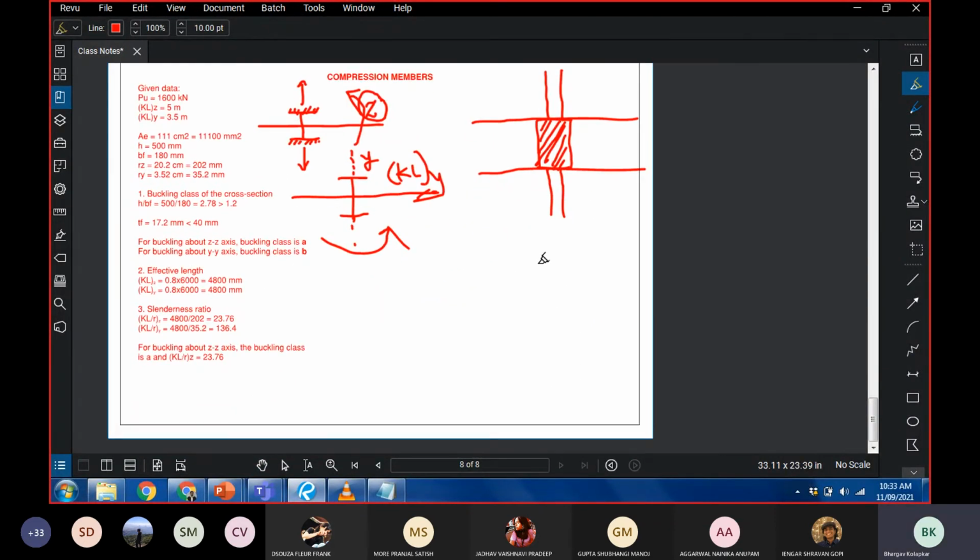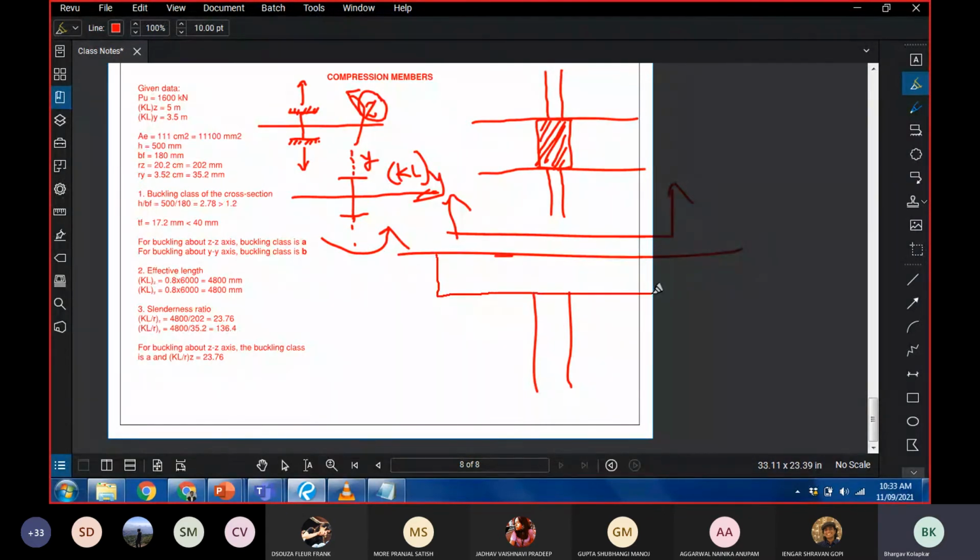Okay, so if I take an elevation here, this is our column. Let us say this is our slab, and this is our beam.